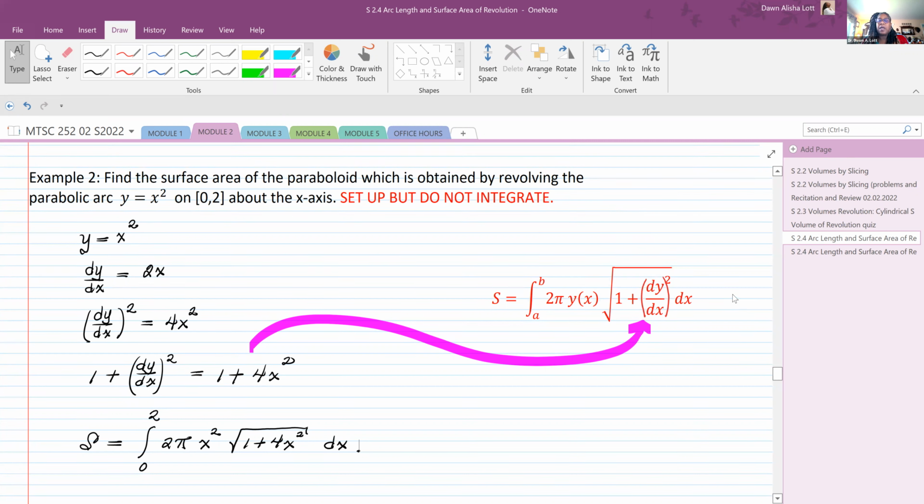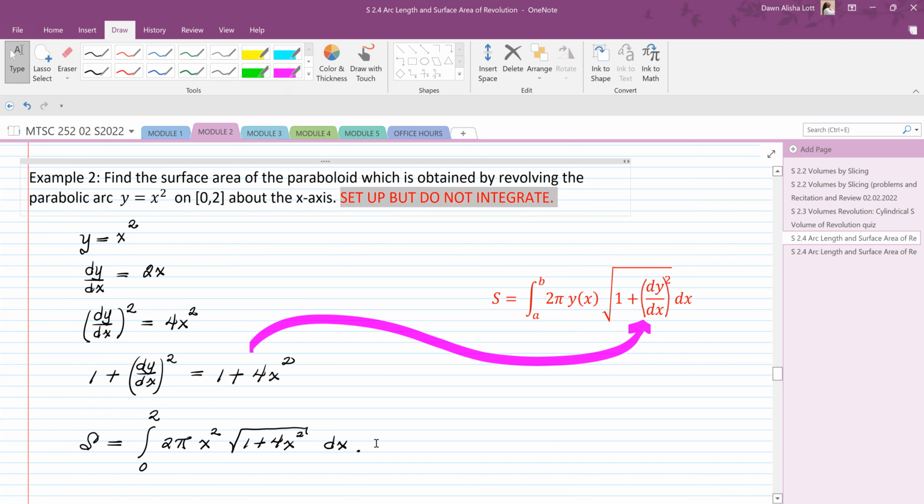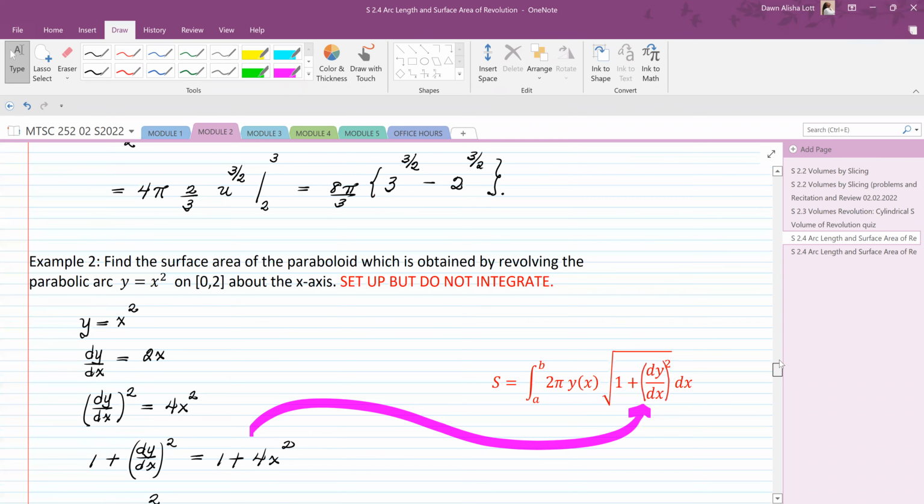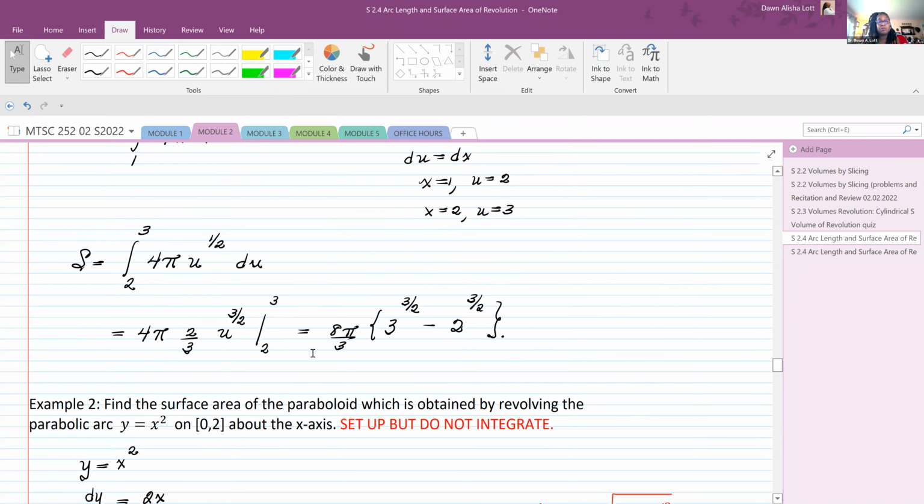If I had a Saturday session, I have a question. Go ahead. If we leave it in that form, do we still get full credit? This one says set up, but do not integrate. So that's a full credit problem right there. But when we do integrate, are we able to leave it like this, plugging the numbers in and doing this minus this?